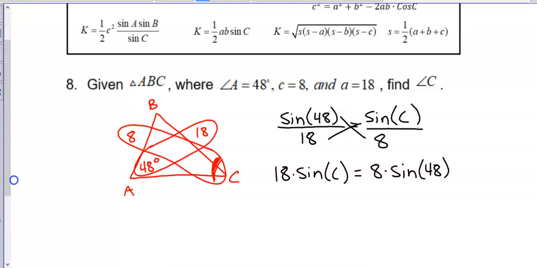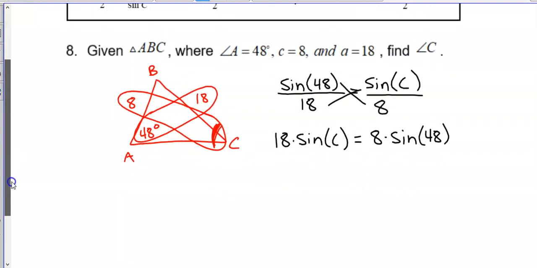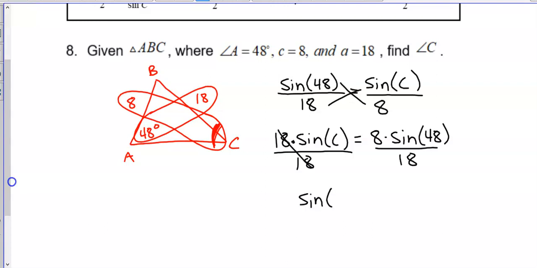We want to solve for C, so we have a little bit of work to do. First thing we should do is get rid of the times 18. So divide by 18 on both sides. That will leave us with sine of C is equal to 8 times sine of 48 over 18.